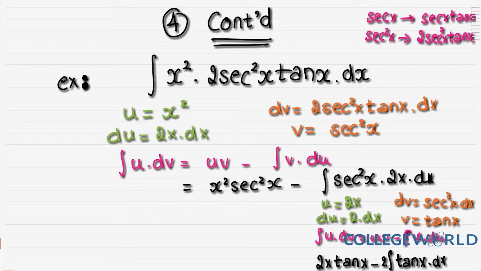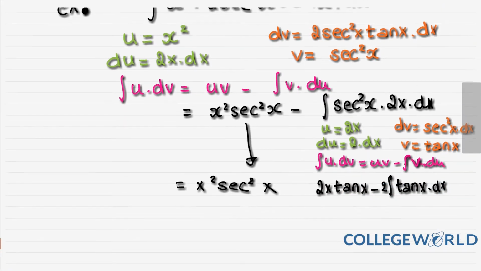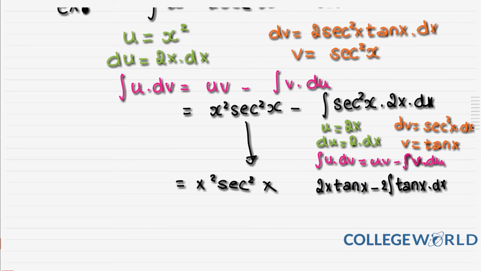And then after we write this out, we do not forget our final part, which is x squared sec squared x. Here I need to mention something very important, which is the integration of tan. This I need you to memorize for now, because in order to know how to reach it, it needs calculus 2.